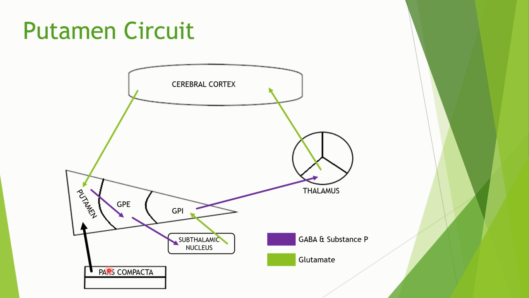So the release of dopamine takes place in both pathways via these nigrostriatal fibers. The function of this dopamine is to basically kickstart or initiate the excitatory or inhibitory pathways. So it stimulates both the direct and the indirect putamen circuit.